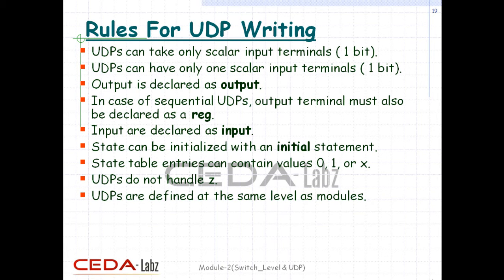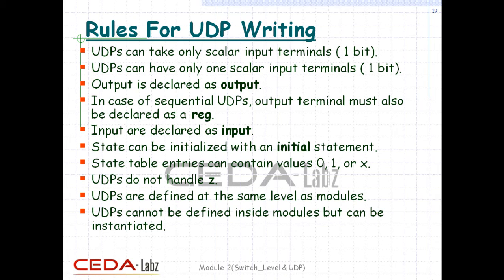UDPs are defined at the same level as modules. UDPs cannot be defined inside modules. They can be instantiated only inside modules. UDPs are instantiated exactly like gate primitives. UDPs do not support inout ports. Both combinational and sequential UDPs must follow the above rules.